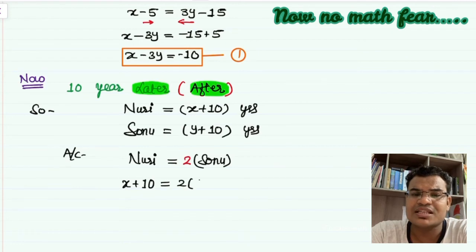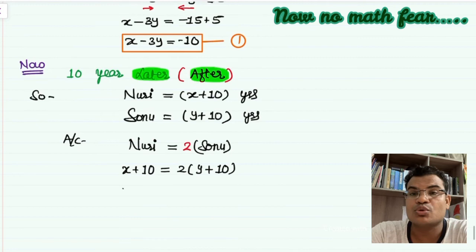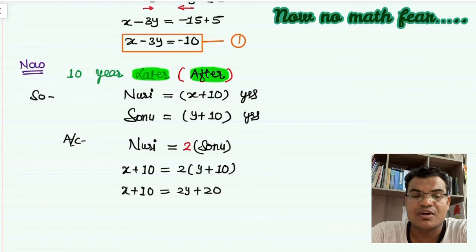So x plus 10 is the age of Nuri, and Sonu will be y plus 10, but we multiply 2 by the age of Sonu, and we simplify: x plus 10 equals 2y, as we are multiplying 2 in the bracket, and 2 into 10 is 20. So separate the variables here: x minus 2y, as we know the variables come on the left hand side and the constants on the right hand side.